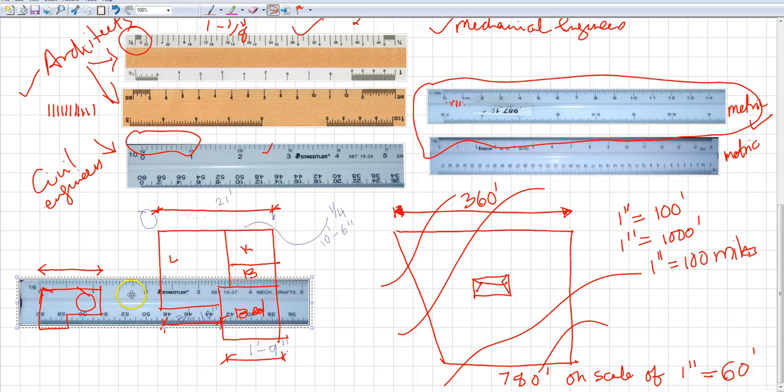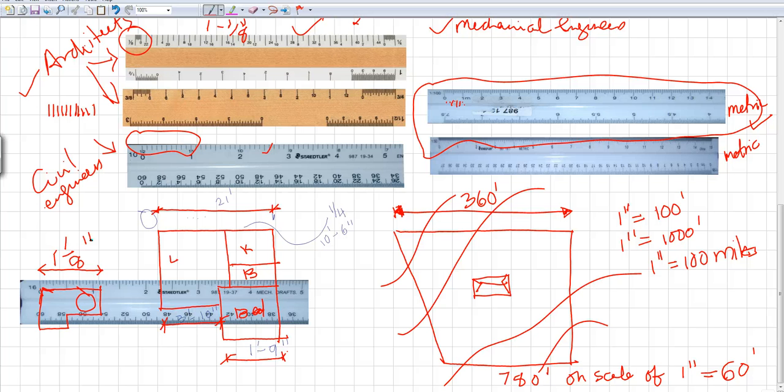So that is how it's divided. So when I look over here, this distance is 1 inch plus 1/8 of an inch. So if I were to write it, I would write 1 1/8 of an inch.